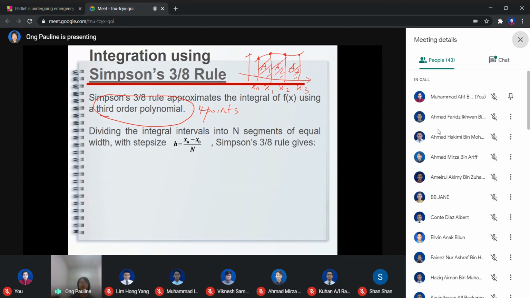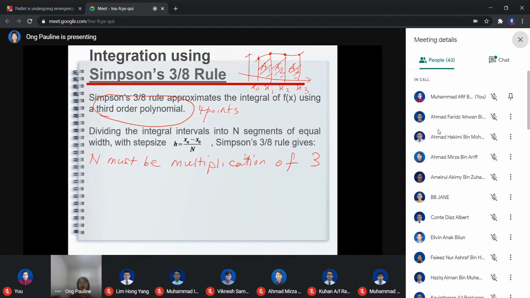So this implies that the number of segments n for the Simpson's 3/8 must be a multiplication of 3, because we are making use of a third order polynomial. So the number of segments you choose shall be 6, 9, 12, 15, and so on, a multiplication of 3.